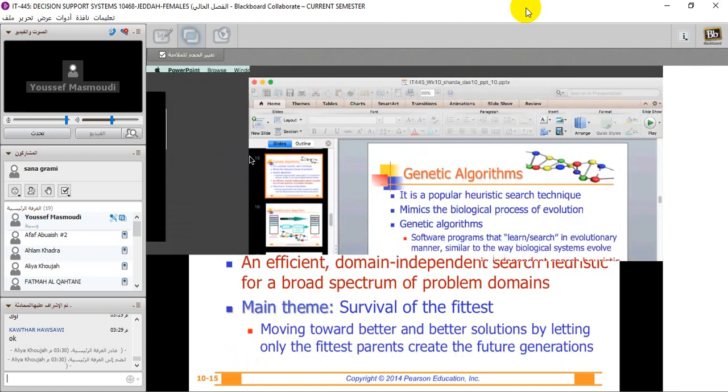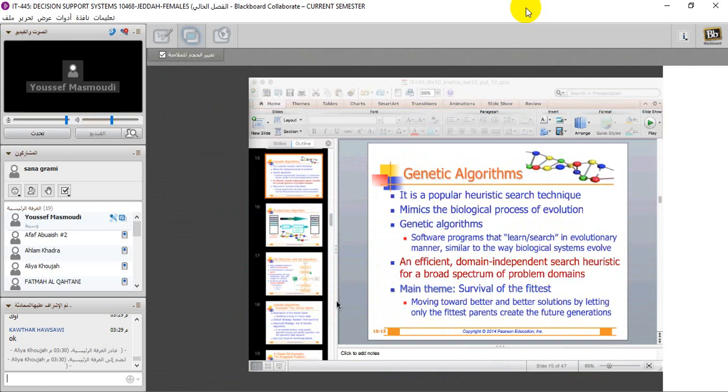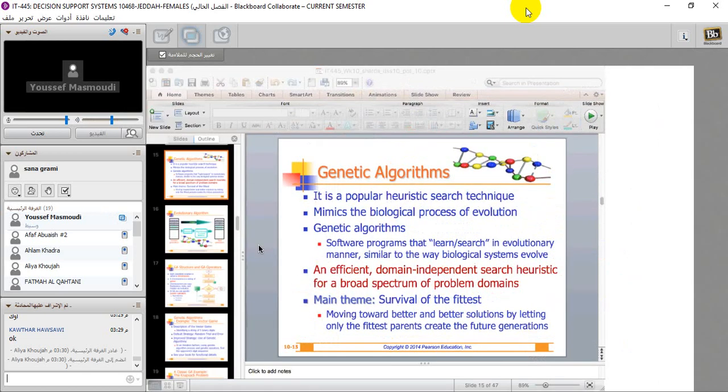What's the meaning of genetic? What's the meaning of genetic?